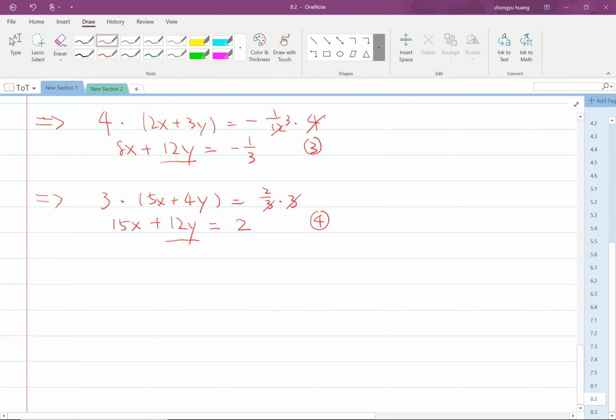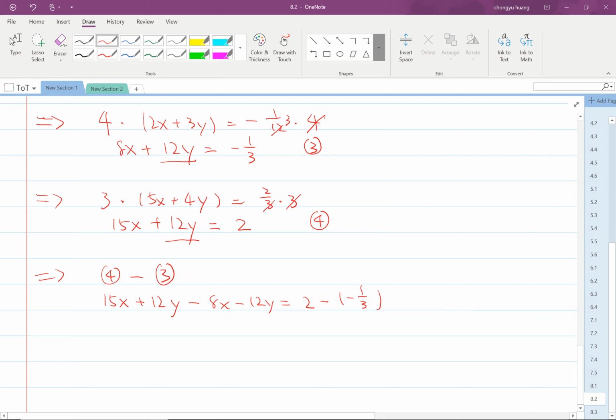We can actually cancel y, right? So now we are able to cancel y. Let me take a look. Over here, the process is we're using equation 4 minus equation 3. Equation 4 is 15x plus 12y, and then you minus 8x and minus 12y, is equal to 2 minus negative 1 over 3.